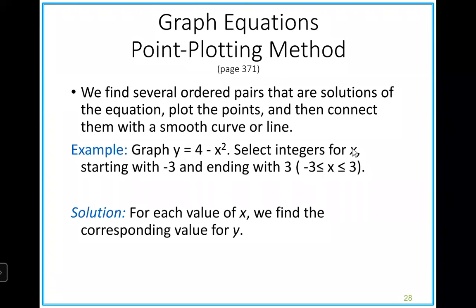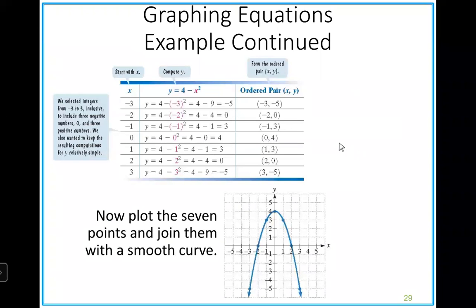Okay, so in this case, the equation we have is y equals 4 minus x squared. They ask you to use -3 to +3. So we start with -3, then -2, then -1, then 0, then 1, then 2, then 3. Once we choose these points for x, we substitute them in the equation and work out what y should be.